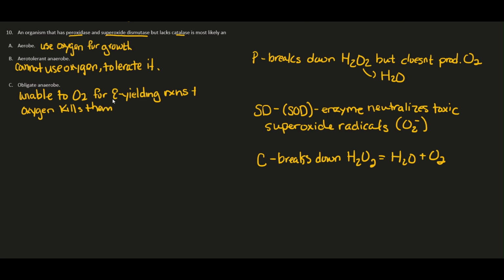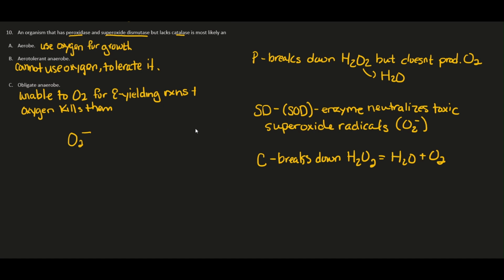All right, now that we have all of our definitions down, we know what's what, let's go back to our question, our statement. An organism that has peroxidase and superoxide dismutase but lacks catalase is most likely, well, in respiration, radicals are produced.